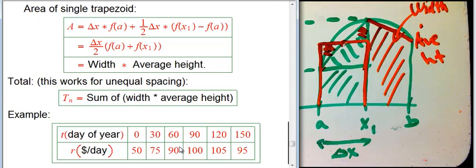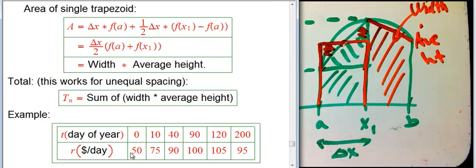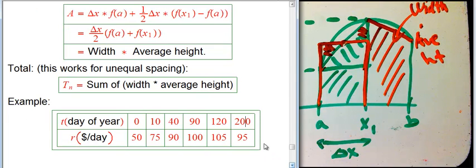Suppose I wasn't particularly careful about sampling these guys at equal intervals. I did day 0 of the year, day 10, day 40, let's leave it at 90, day 120, and then day 200. Okay, and I suppose I have the same amounts coming in on those different days.